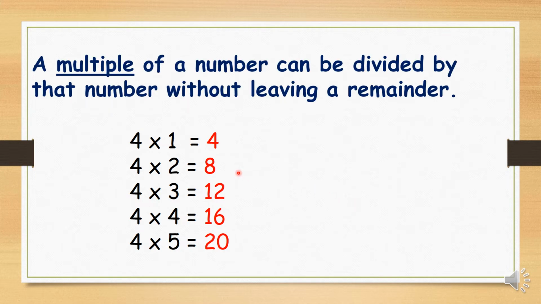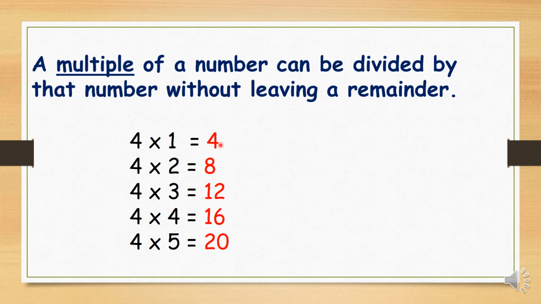A multiple of a number can be divided by the number without leaving a remainder, and we said that earlier on. So, if 4 is a multiple of 4, then 4 can be divided by this 4 without leaving a remainder.